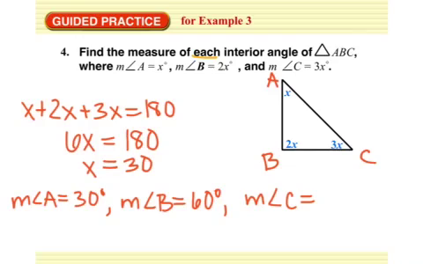So the measure of angle C is 90 degrees. Now, visually, this picture doesn't really make sense. I think maybe we probably should switch B and C because this looks like the right angle to me. But again, the picture isn't always reliable, so trust your algebra. This is the correct answer.